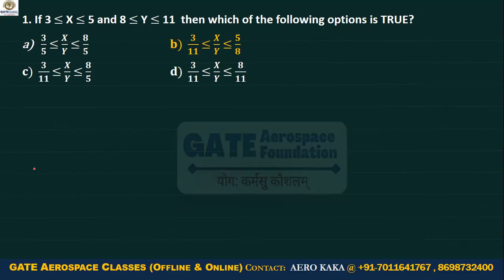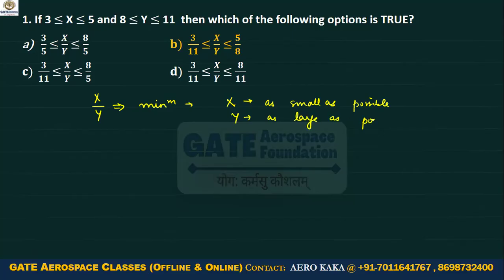So in this kind of question, we have to understand that x by y is minimum when x is as small as possible and y is as large as possible, right?